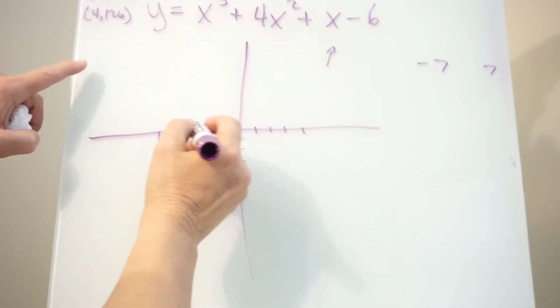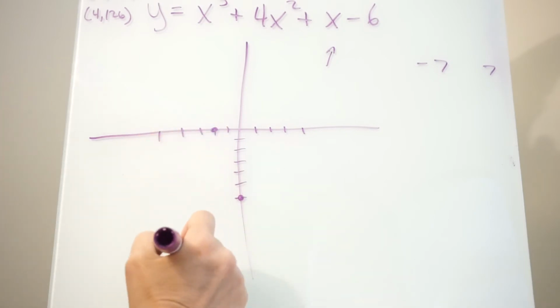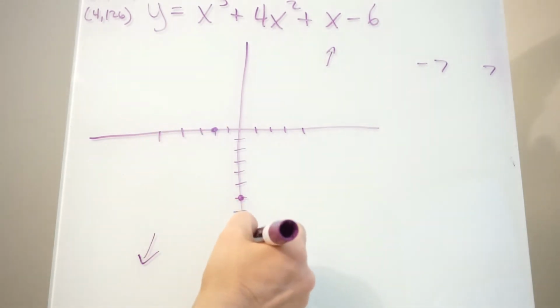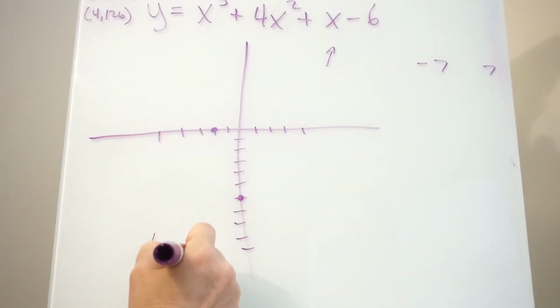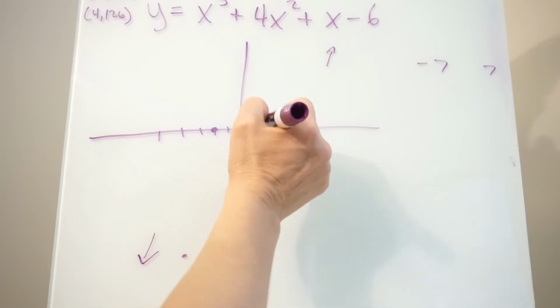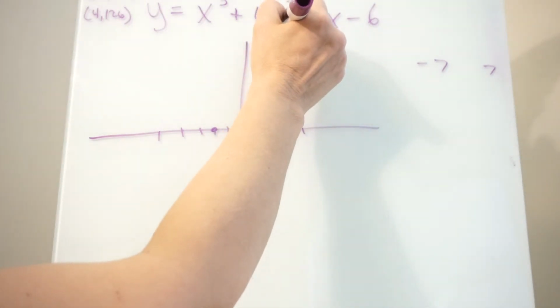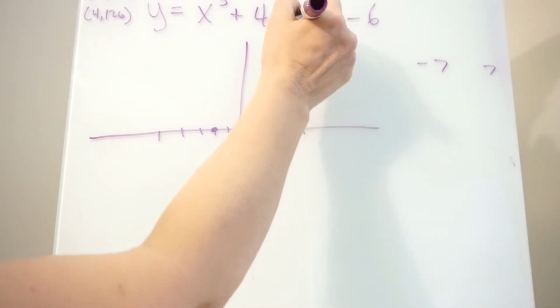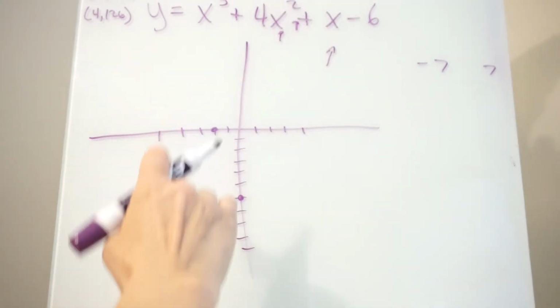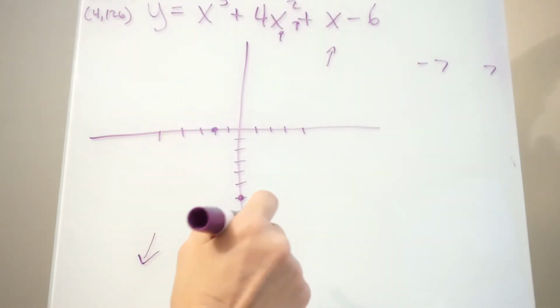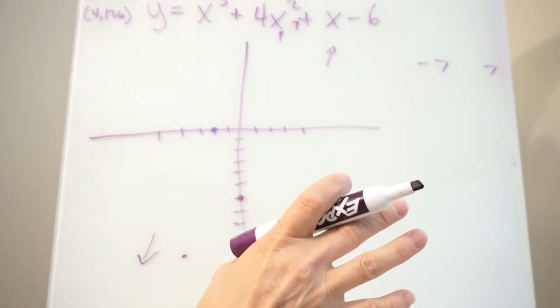We know that we have -4, -10. So that's going to be down here. We have 2, 20, that's way up there. And 4, 126, that's way up there somewhere. So this is kind of what we have so far. Doesn't help us a whole lot.